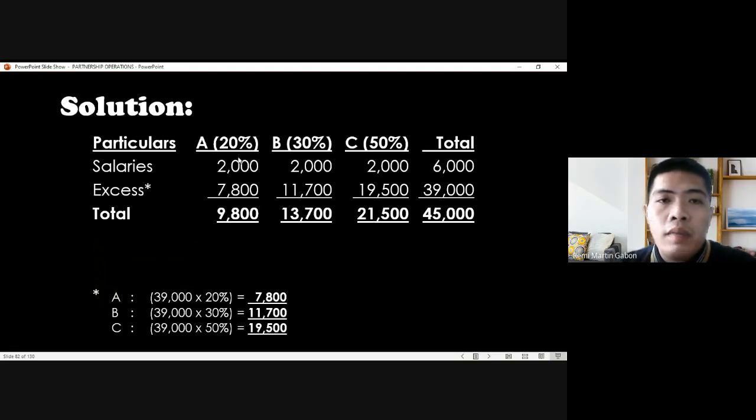So 20% of that is 7,800 for A, 30% is 11,700 for B, and 19,500 for C. Okay? So for total distribution, for A we have 9,800, then for B 13,700, and for C 21,500.